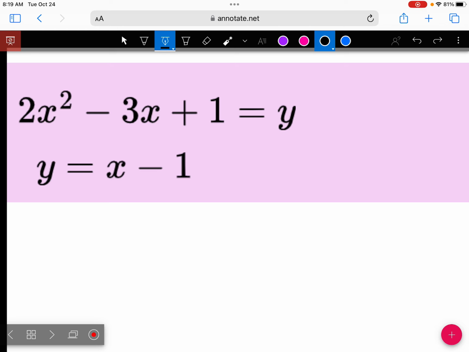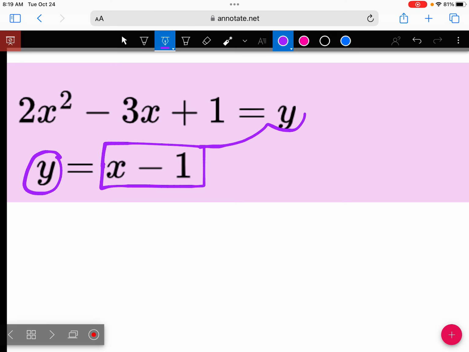So write the equations down, and then we're going to think back to our systems of equations and how we would solve with substitution. Well, I have that y equals x minus 1. I can substitute that in place of this y.